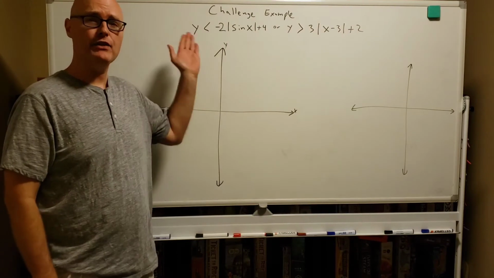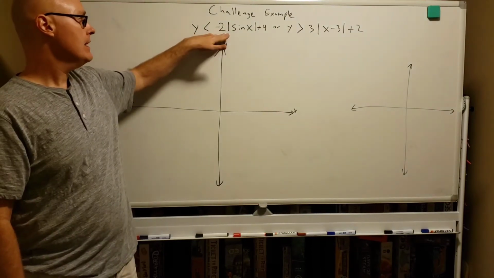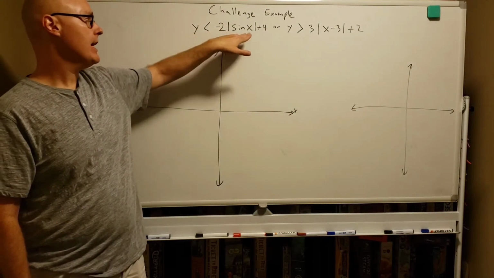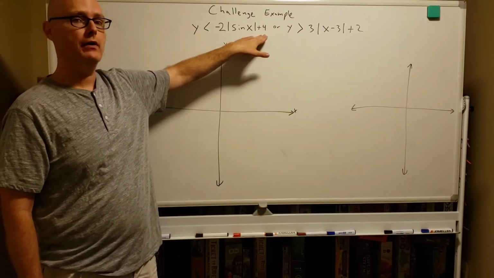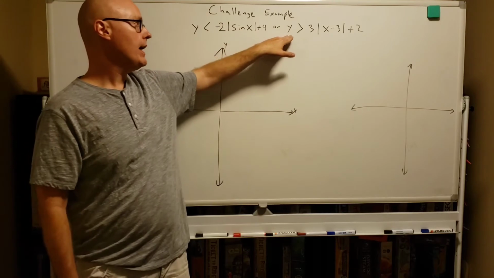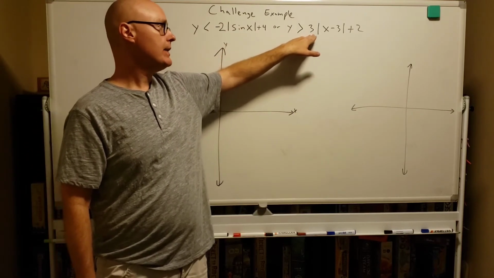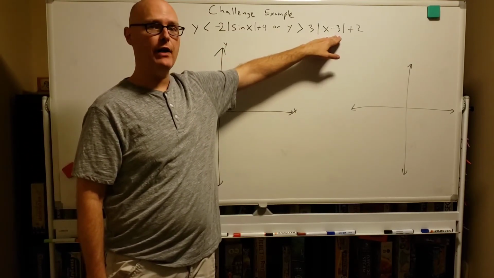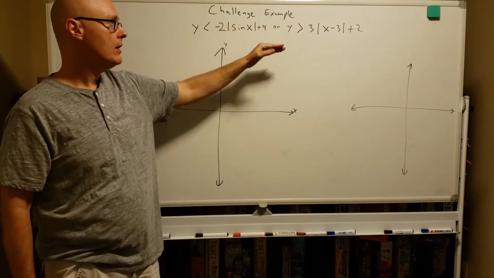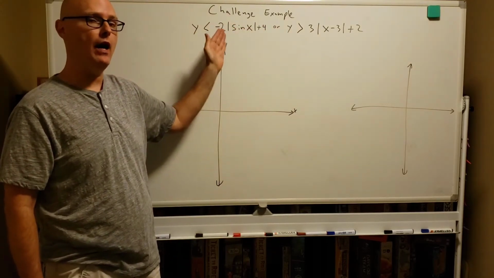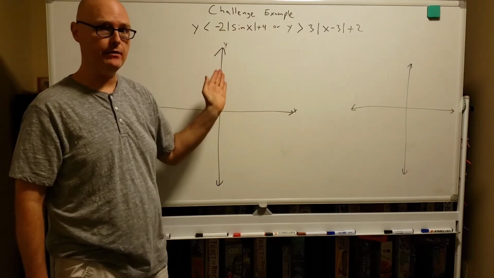All right, so let's do a challenging example. Y is less than negative 2 times the absolute value of sine of x plus 4, or y is greater than 3 times the absolute value of x minus 3, plus 2. So we want to graph all of the possible values of y that meet these conditions.